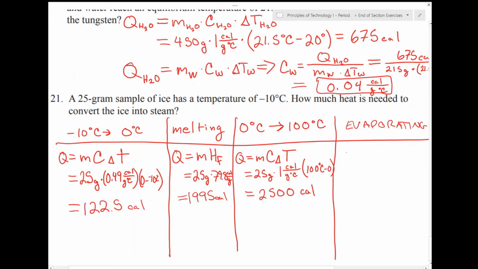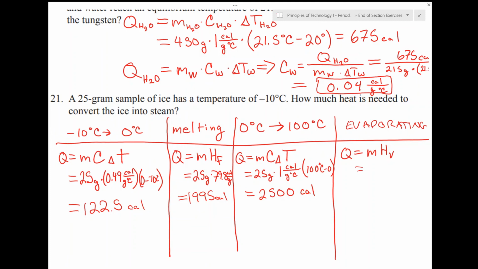Finally, to figure out the heat for this sample to change to steam, we need to use the equation heat is equal to mass times the heat of vaporization. This value is found in table 1.8 on page 75. I should have mentioned that before. It's the same place the heat of fusion was found.